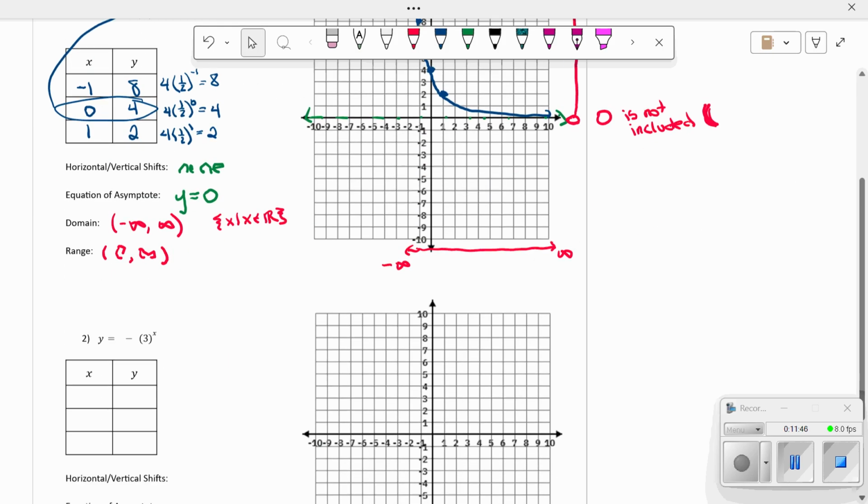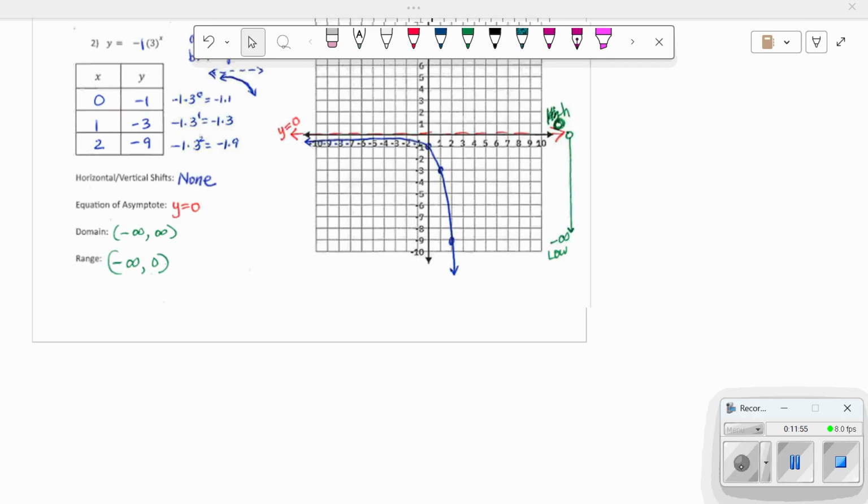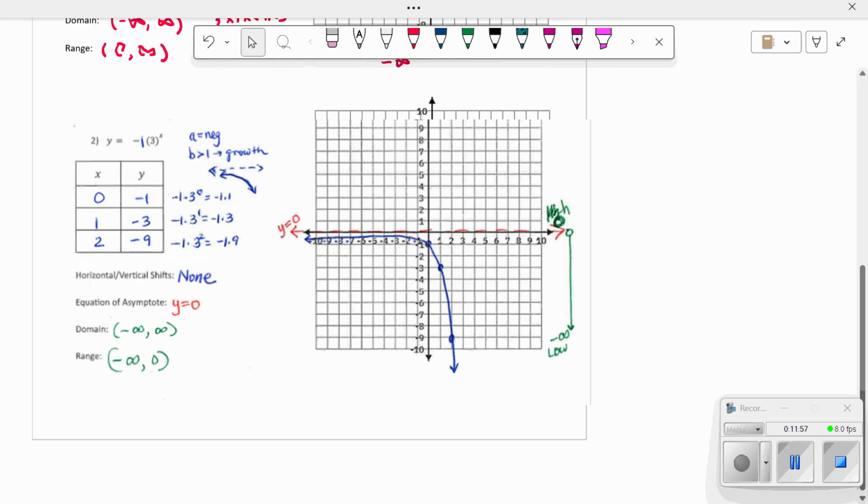All right, take a second to pause and see if you can give this one a try. All right, so you should have tried graphing number 2, and you'll end up with something like this. When you plug in 0, 1, negative 1, or 0, 1, and 2, you'll get some points, and this is all below the x-axis.